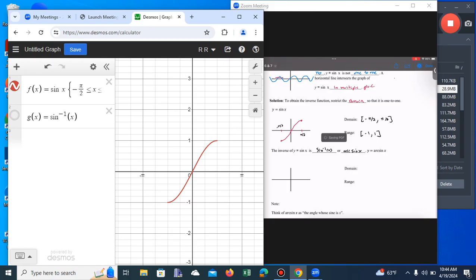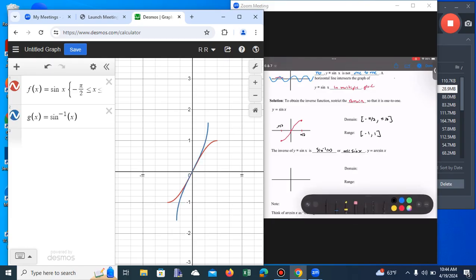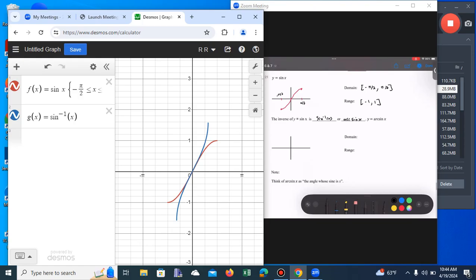And so if we wanted to graph that, we see what that looks like. Our range is going to switch. So your range is now negative pi over 2, pi over 2.